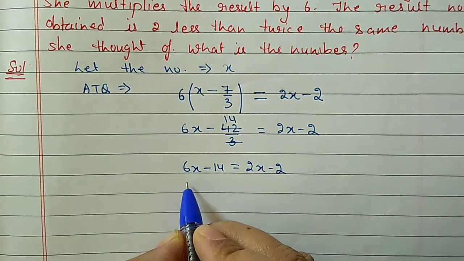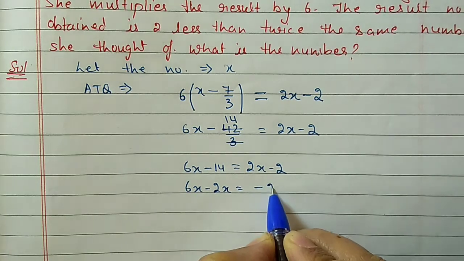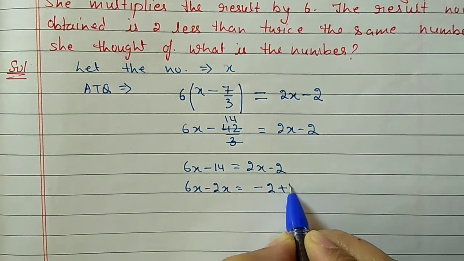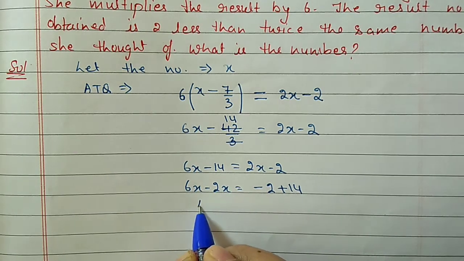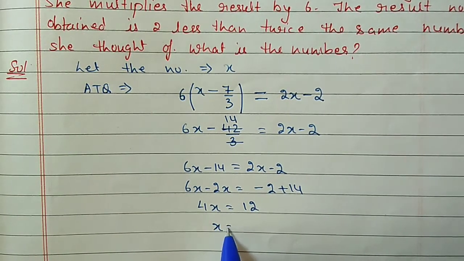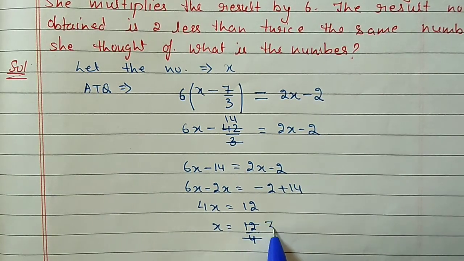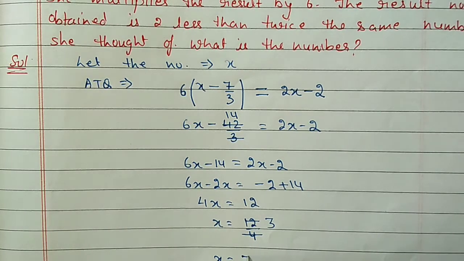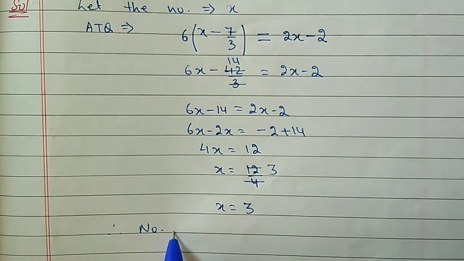Now this 2x we can shift to this side, it will become minus 2x, and this minus 14 we can shift to the other side, it will become plus 14. So here we will get 4x is equal to 12. So x is equal to 12 divided by 4. We can cancel, so the value of x is 3. So the number is 3.